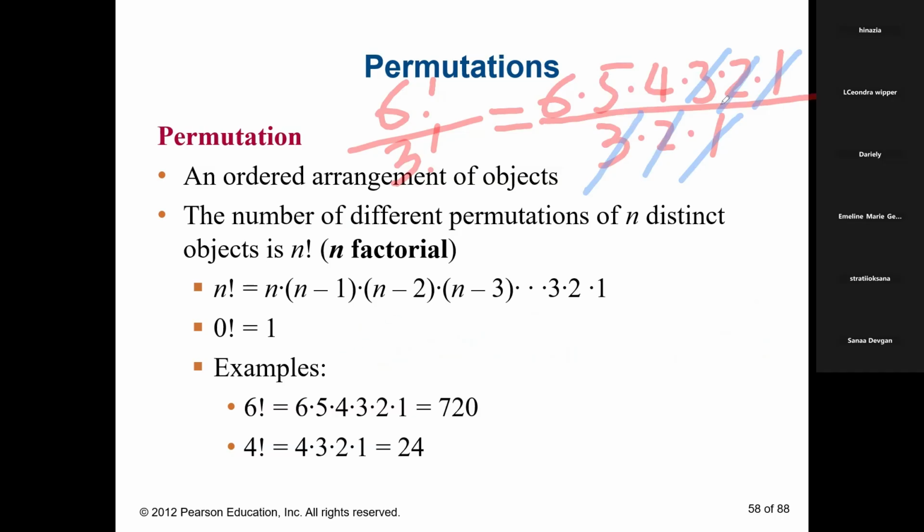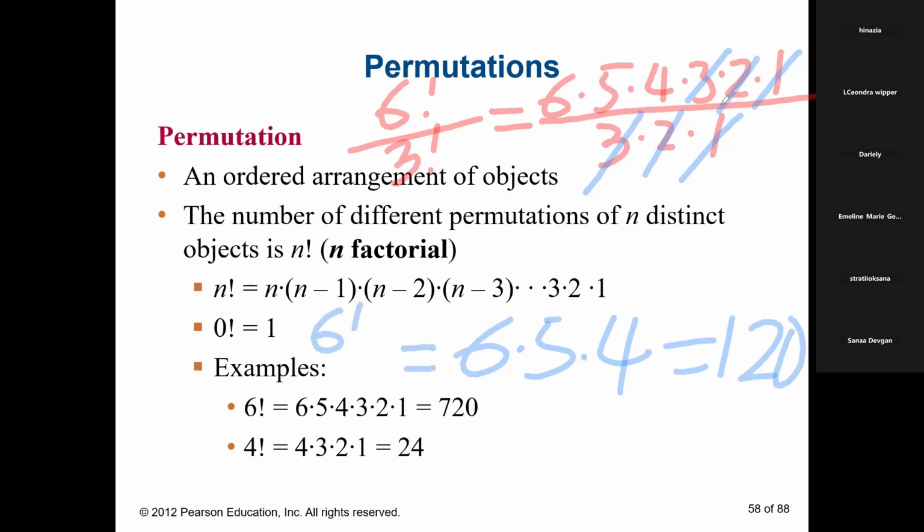So that gives you 30, and that will be 120. That's 6 factorial over 3 factorial. But you cannot say 6 factorial over 3 factorial is 2 factorial. That's wrong, because 2 factorial is 2 times 1, which is 2. But here it's not 2. It's a big number, 120.